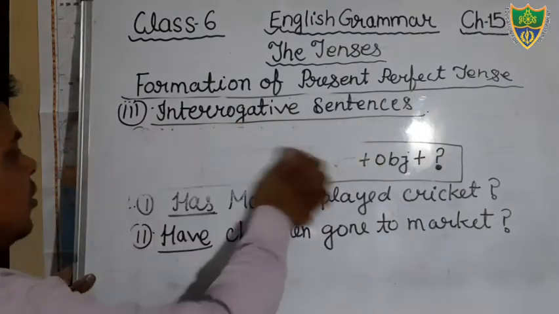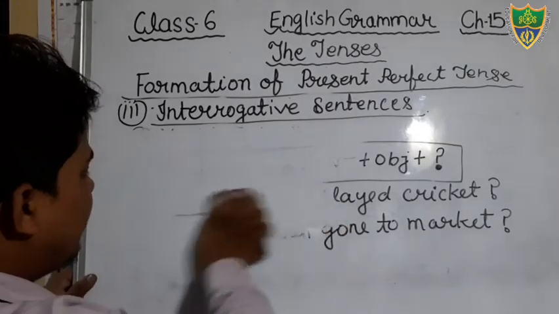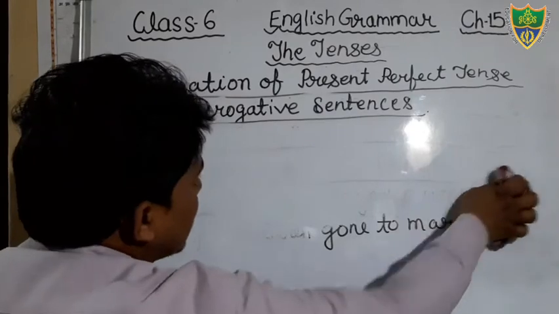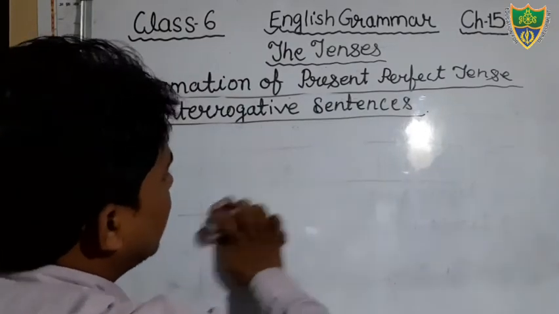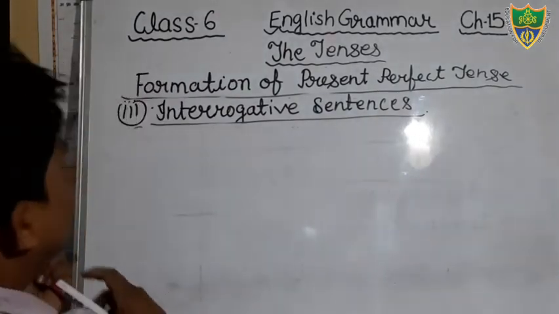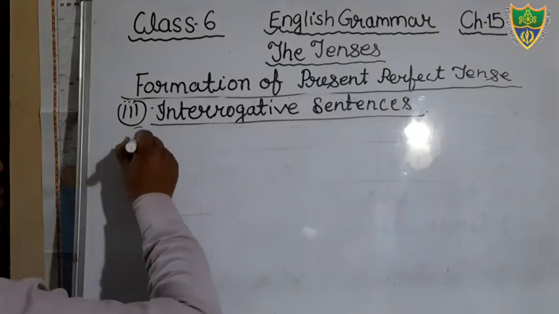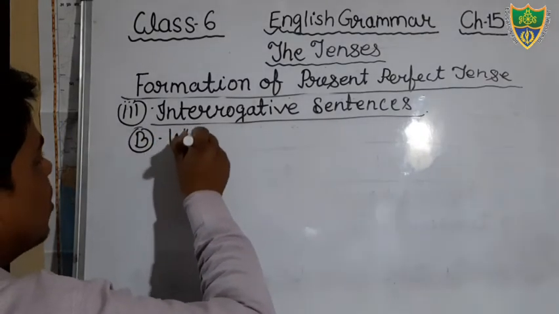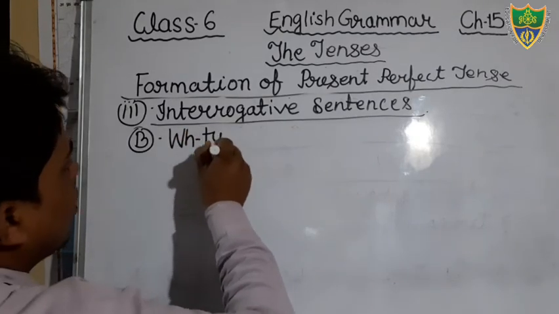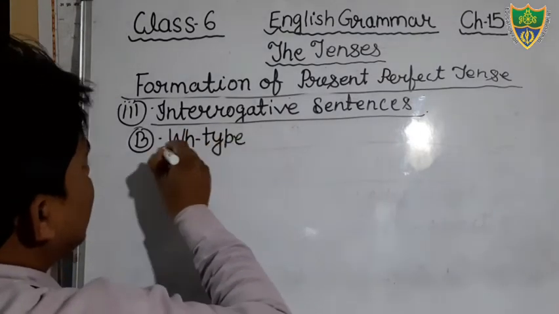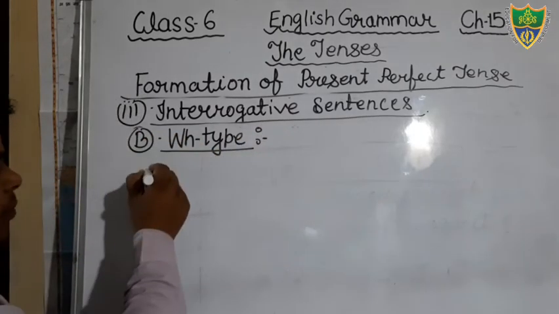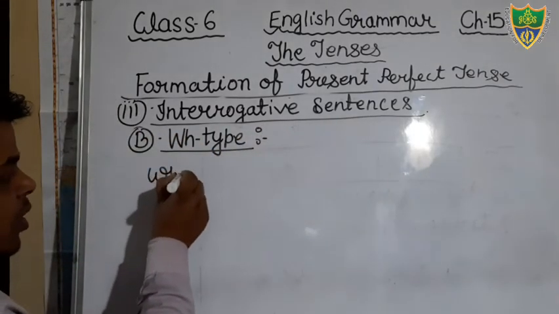Next, there are two types of interrogative, SNO type that we have read, and now we will discuss the second kind, that is WH type. Let's see, WH type. Okay, just see, at the beginning of the sentence there will be a WH word.